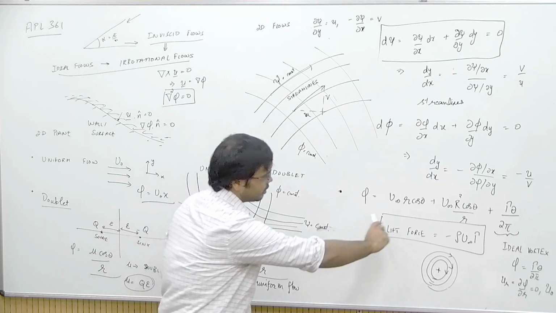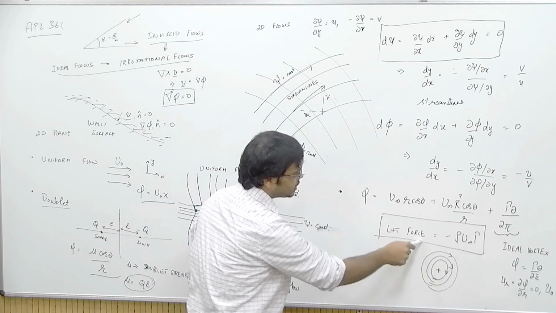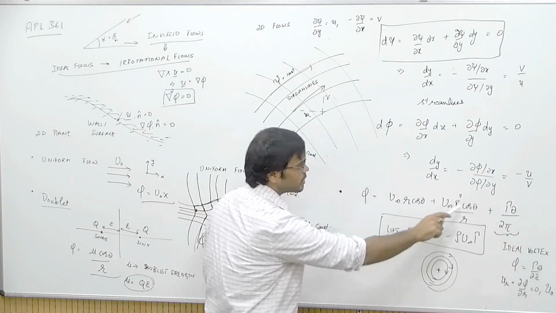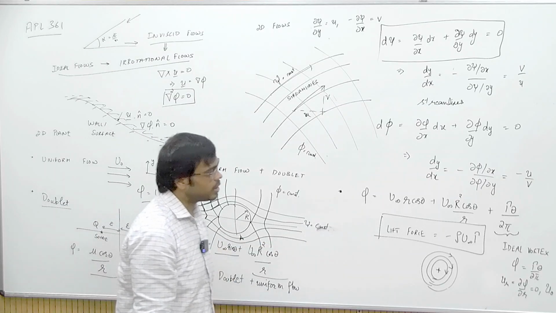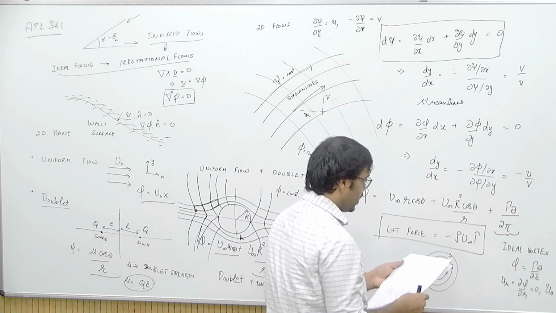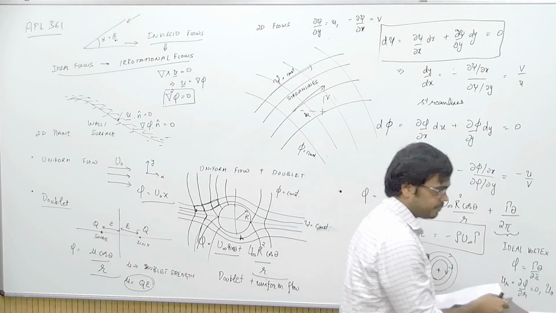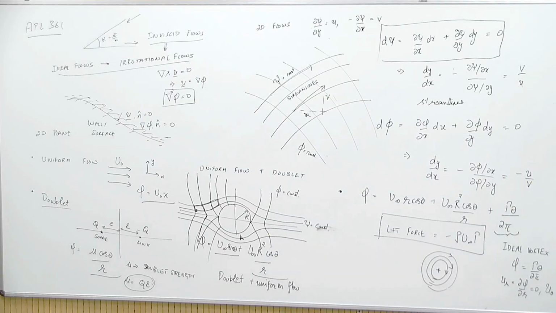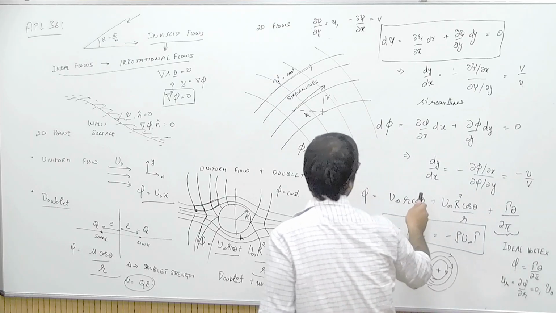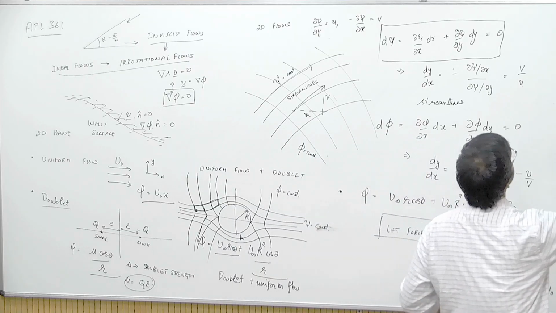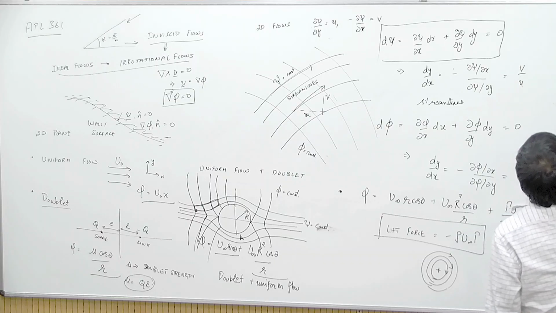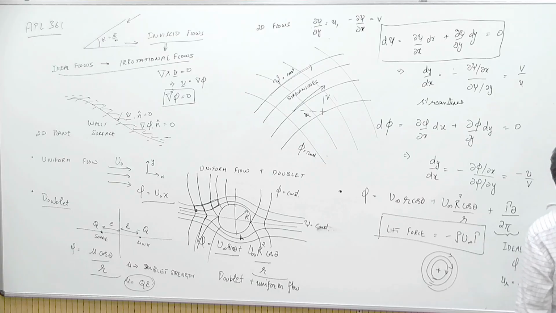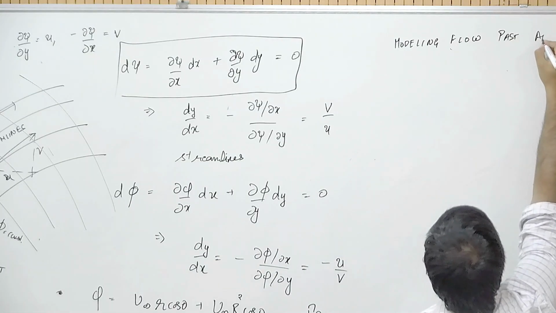Okay, and you can compute this. So, you can compute this lift force. If you have this phi, using this phi you can compute the pressure distribution on this cylinder and compute this lift force. Okay, I will not go into the details of this, but what I will go into is that this concept is actually used for modeling flow past airfoils.